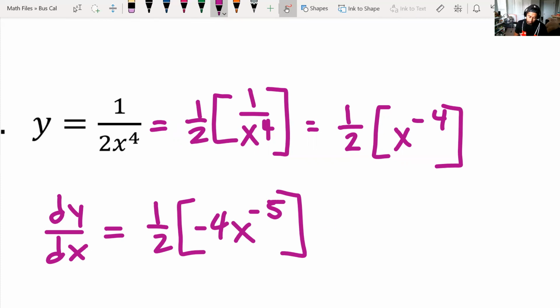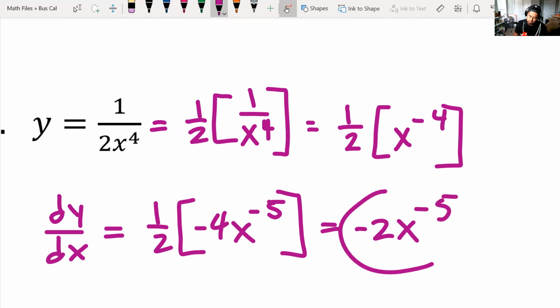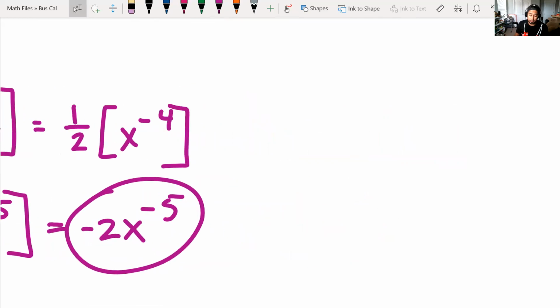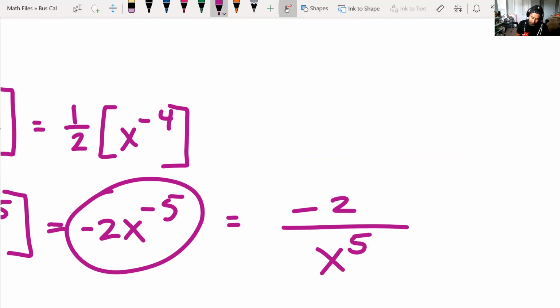Okay, multiply that 1/2 back in. 1/2 times negative 4 is negative 2, and you get x to the negative 5. Once again, good answer, but if by chance it makes you rewrite, then you have negative 2 over x to the 5th.